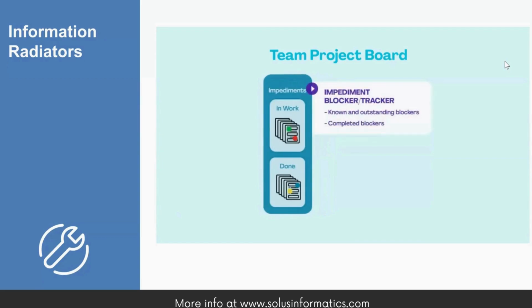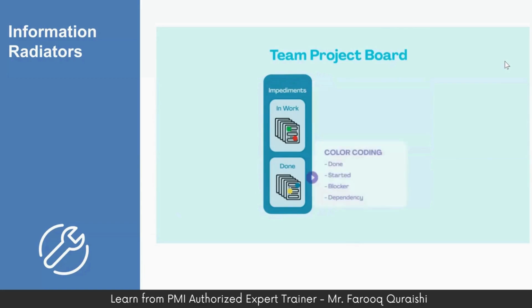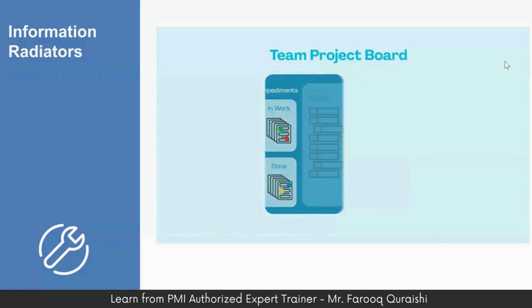The next column of this example indicates any impediments and blockers that are slowing or preventing progress on the project. This includes both known and outstanding blockers, and those that have been mitigated or completed. The bottom of this column provides a convenient place for the color coding to reside. In this case, green for done, blue for started, red for blockers, and yellow for dependencies.